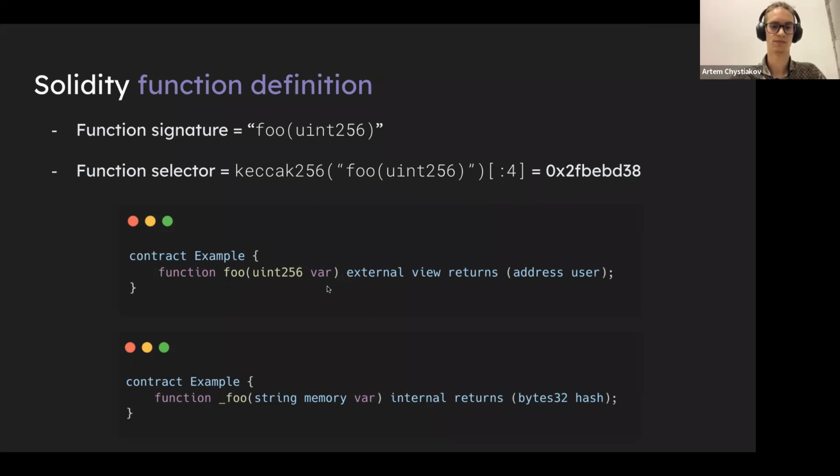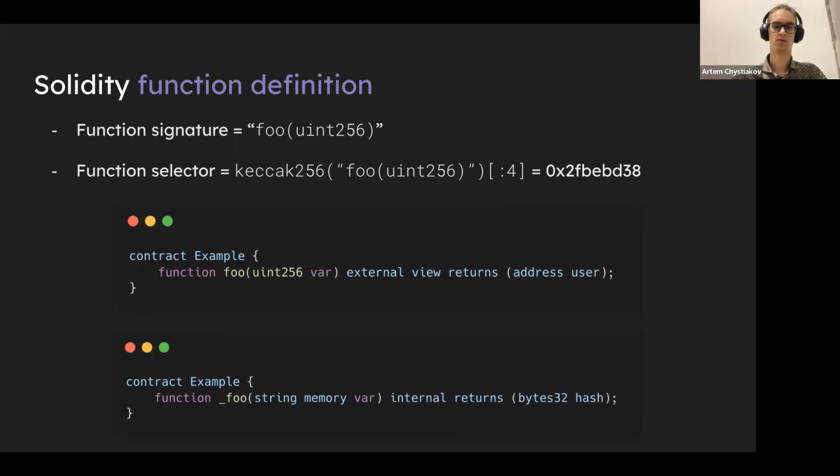This result is the 4-byte selector of the function, this one, function foo, which accepts a uint256 variable. When you're calling smart contracts, Solidity has a list of those functions inside a smart contract. Those selectors are placed directly into the bytecode, and when you're calling a function, Solidity will loop through every selector one by one. Those selectors are sorted.